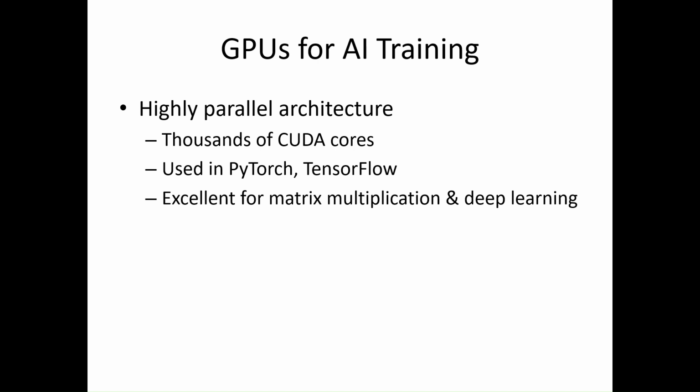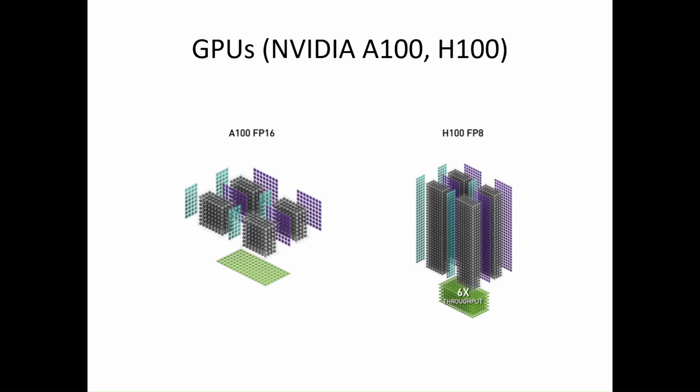So a GPU is a highly parallel architecture, excellent for matrix multiplication and deep learning. Examples are the NVIDIA A100 and H100.